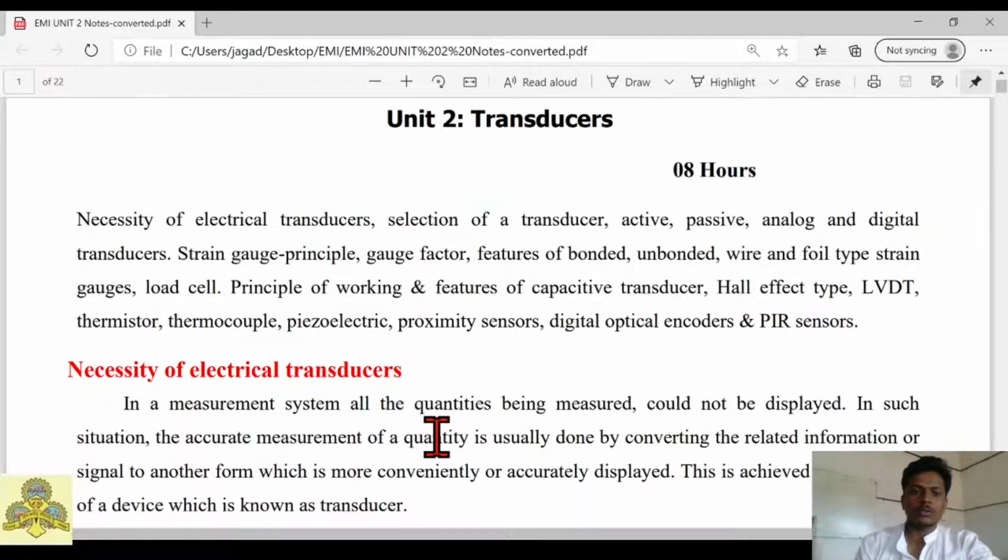So in Unit 2, we are going to understand the necessity of transducers, selection of transducers, and the types: active, passive, analog, digital transducers.